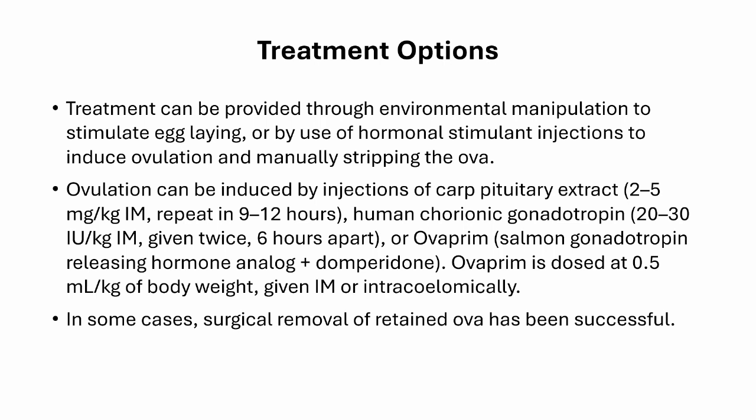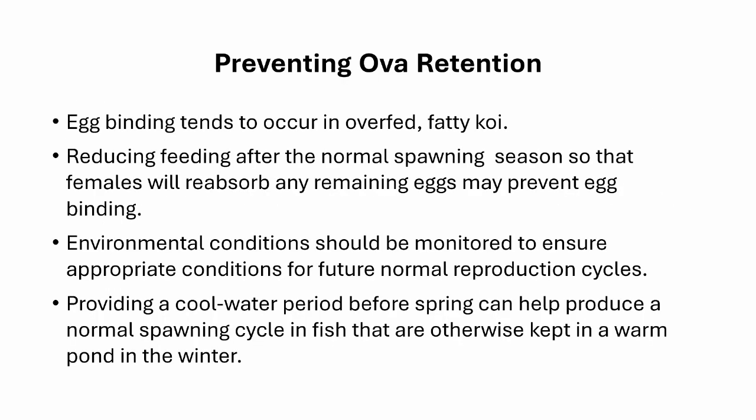So if they didn't lay the eggs after giving an Ova injection, they could certainly go into surgery if they weren't so badly damaged previously, like that one with all the blood coming out on its abdomen. That one is not a good surgical candidate. But if the fish otherwise looked fairly healthy, they can have surgery to remove those egg masses.